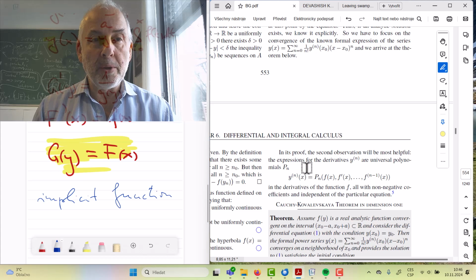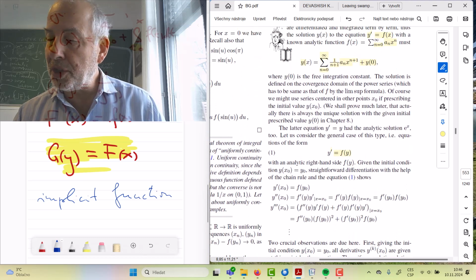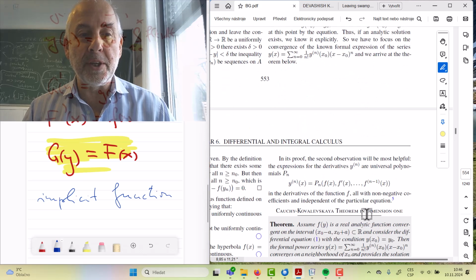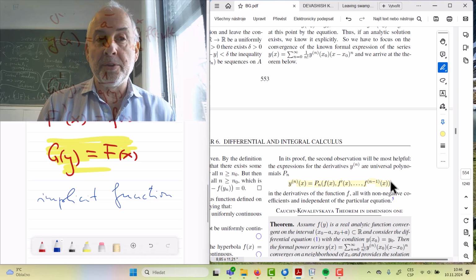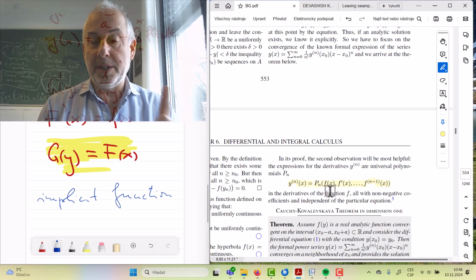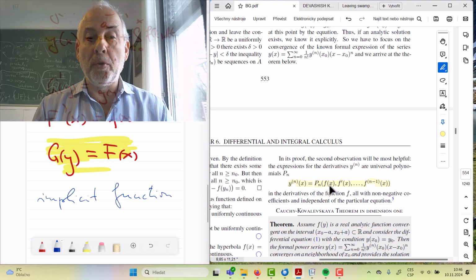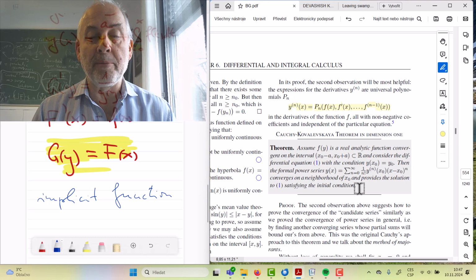based on the observation that if you understand this iterative inductive procedure in computing the derivatives, then for all of them you can prove inductively that there will be a formula given by a quite complicated and not necessarily easily computable polynomial Pn in general, but it's a universal polynomial which is always the same one for all the equations, and all the coefficients of the polynomial are always positive, and that will be a crucial thing in the proof of this nice Cauchy-Kovalevskaya theorem in dimension 1.